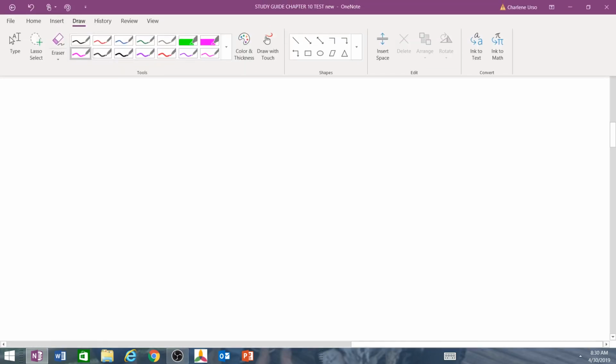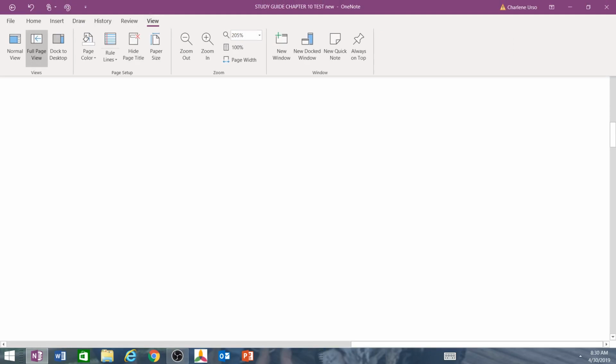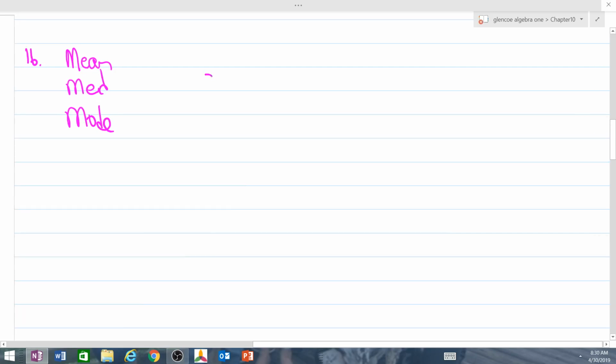Okay, so let me just get this set up so we are in good shape here. So this is number 16, and we are finding the mean, median, and mode. Some of you may have already found it, but let me put the data in order.